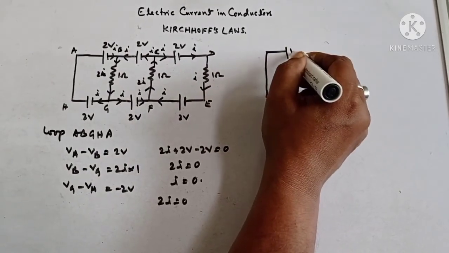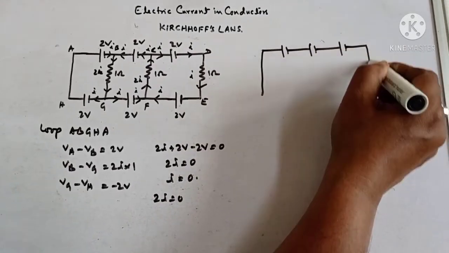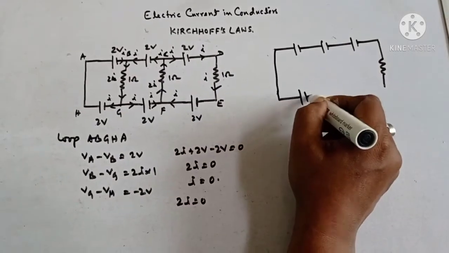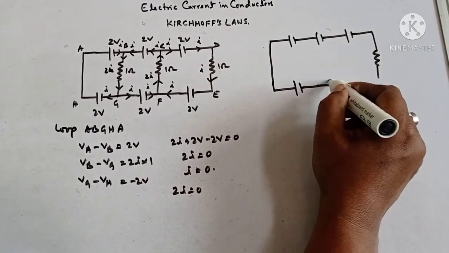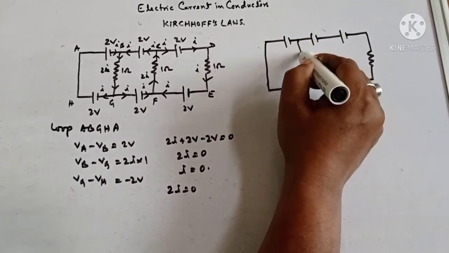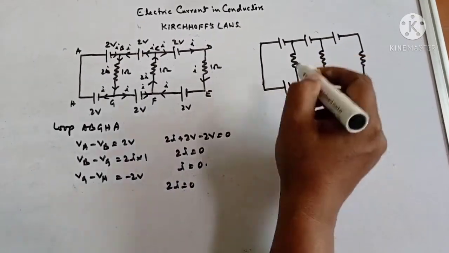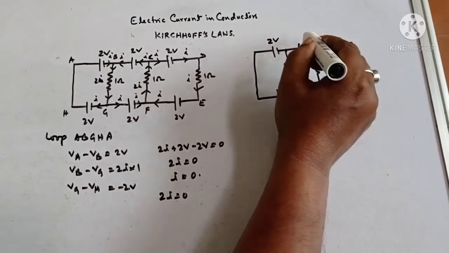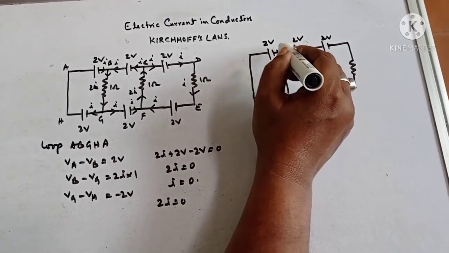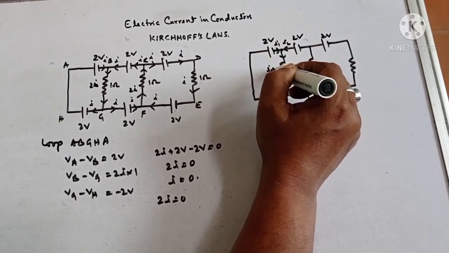Say here you take, let's say this is your circuit. Now if you take 2 volt, 2 volt, 2 volt, you take I1 current here, I2 current here, so this will be I1 plus I2.